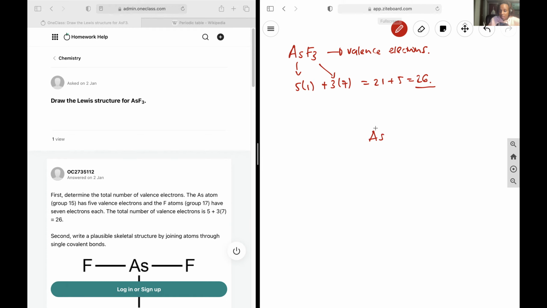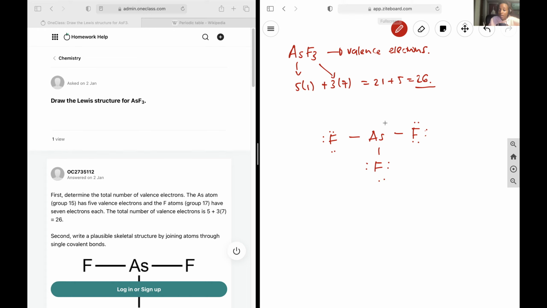So of course, let's put the As in the middle, surrounded by the 3 Fs, and let's start with some single bonds. And then let's fill in the octets for each of the fluorines because they're optimized for 1 bond and they have that already. Okay, and then let's see if we have any electrons left over. 2, 4, 6, 8, 10, 12, 14, 16, 18, 20, 22, 24.